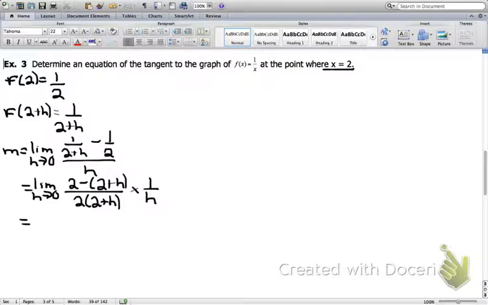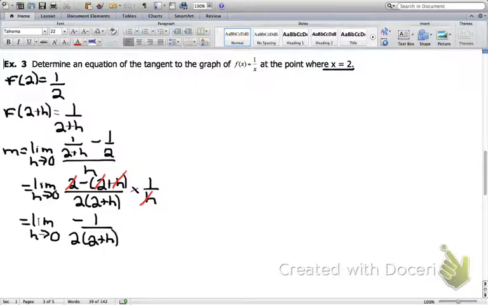And therefore that will then be equal to, we're actually just going to have 1 because these 2s are going to cancel out. We'll be left with negative h in our numerator. However, this h will cancel out with the h in our denominator. So that will leave us with the limit as h approaches 0 of negative 1 over 2 times 2 plus h.